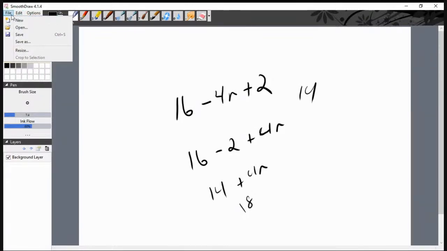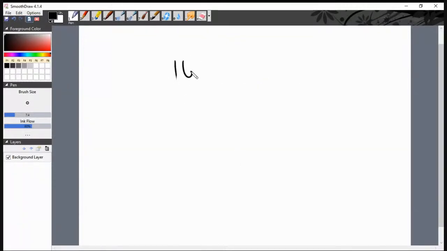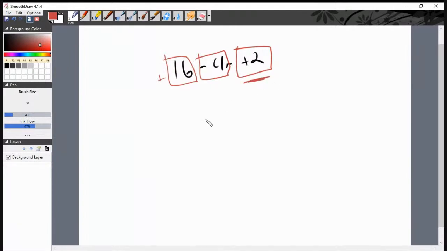If you don't understand what I'm talking about, let's look at it a different way. 16 minus 4r plus 2. Remember when I said that we have to separate these? This is positive 16. This is negative 4r. Positive 2. I can't make this a negative.